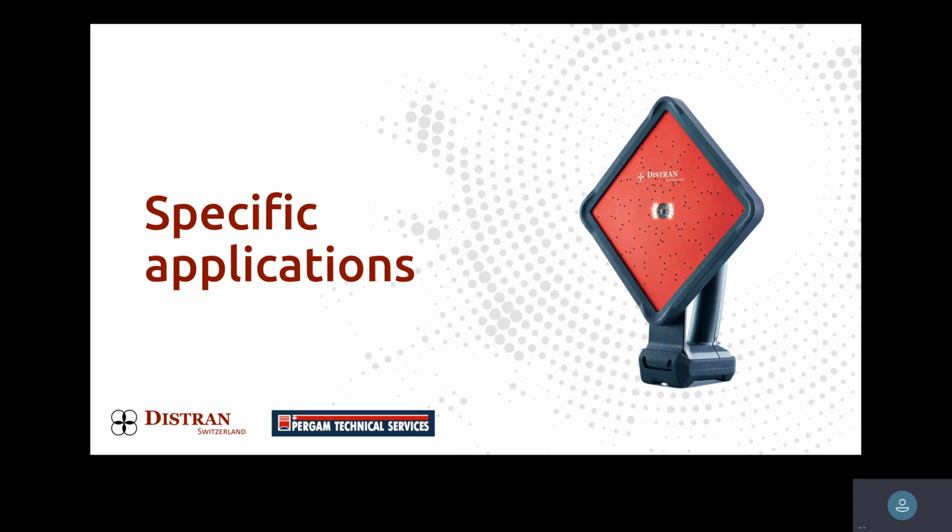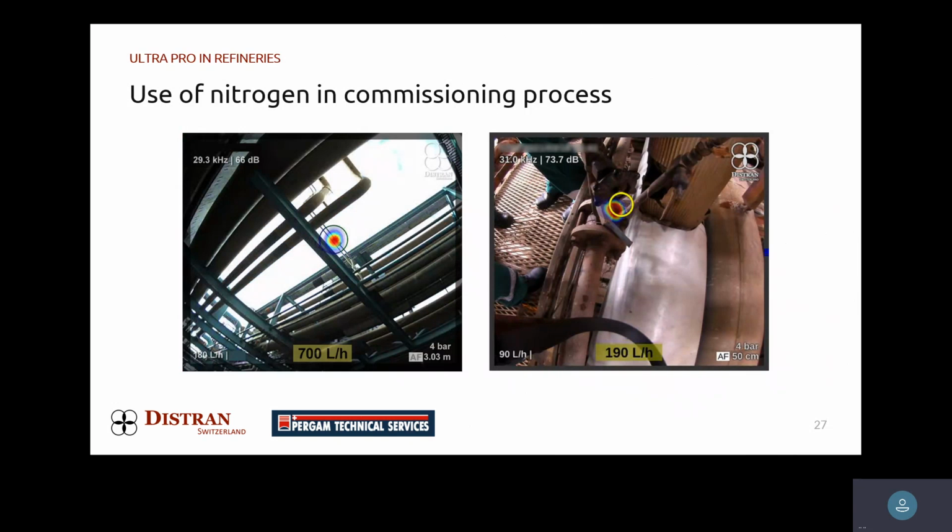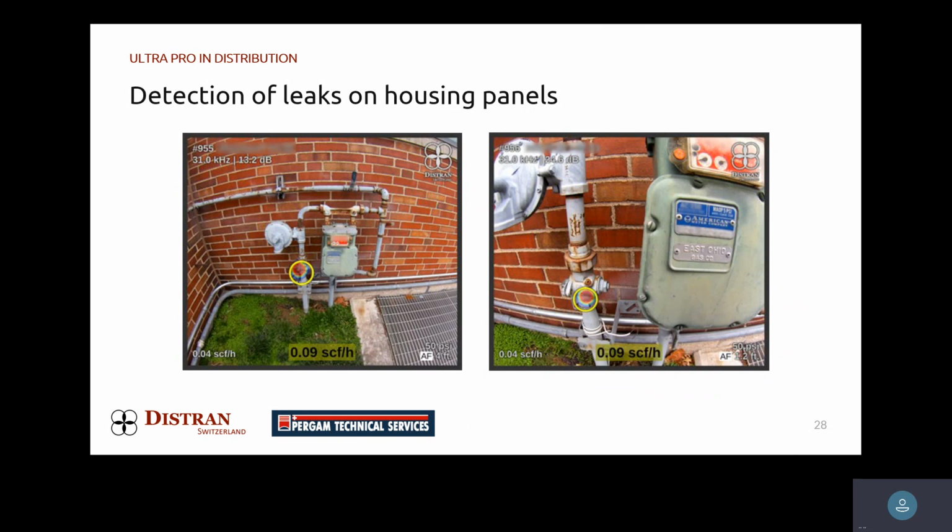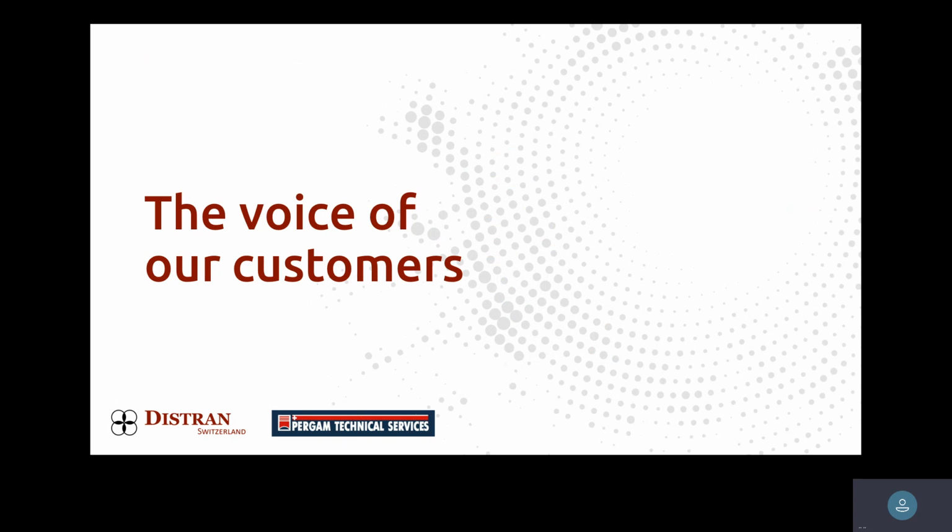So specific applications, we talked about nitrogen and commissioning. We talked about being able to document where you've been and what you've seen. And here's a very typical meter set somewhere in the United States that gives you the ability to identify. And you've got your VIN tag there, your VIN number that tells you the meter set, building specific information.